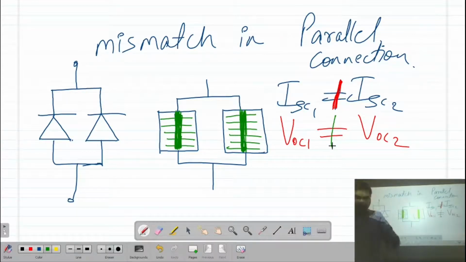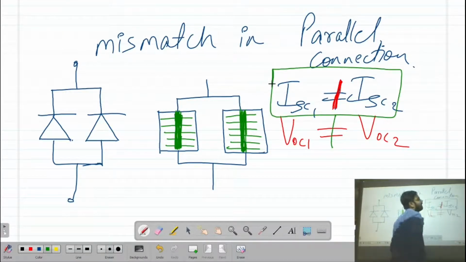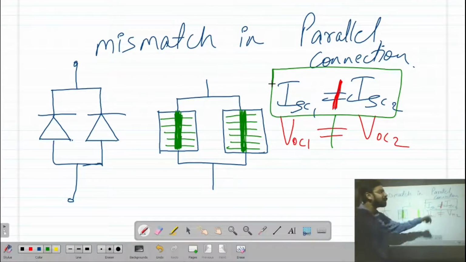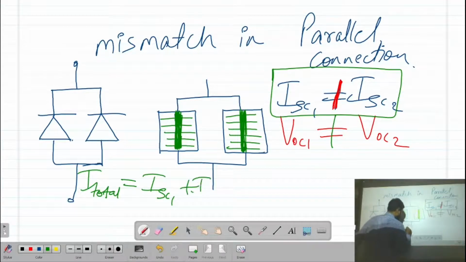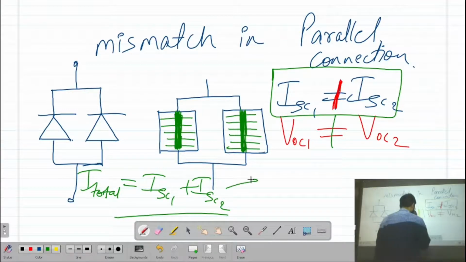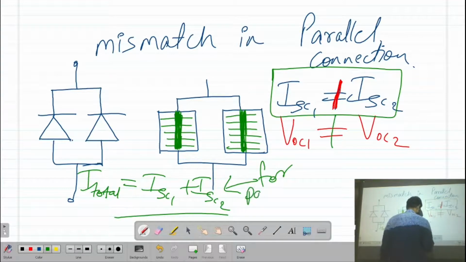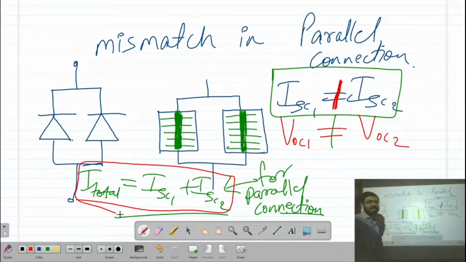If we consider the case of current, then that is not going to make any problem, because I total will be equal to ISC1 plus ISC2 for parallel connection.